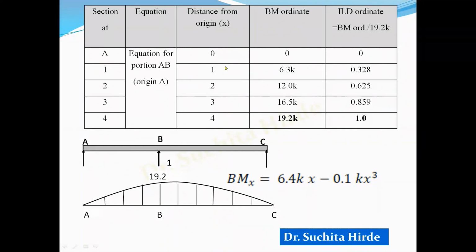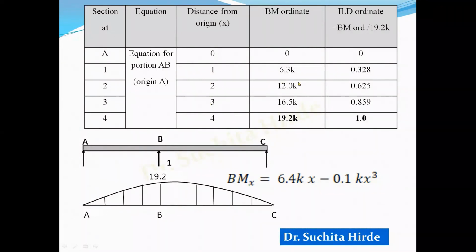Now what we will do? We will substitute this value in this equation at x. So when x is equal to 0, we will get ordinate 0. Then we will substitute x is equal to 1. Here we will get this ordinate. Then we will substitute 2. We will get this value. So substitute 3 and 4.